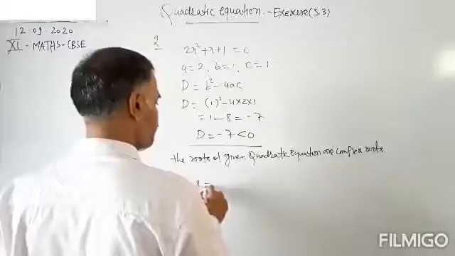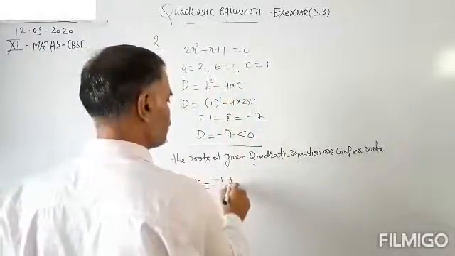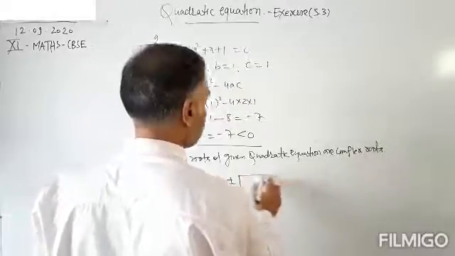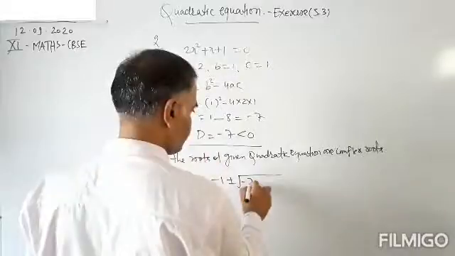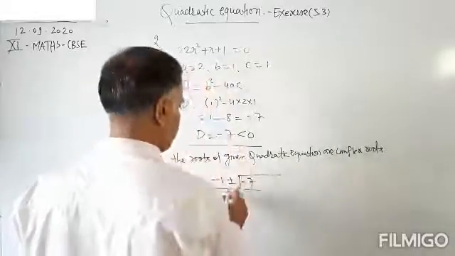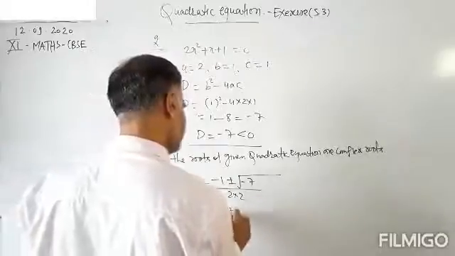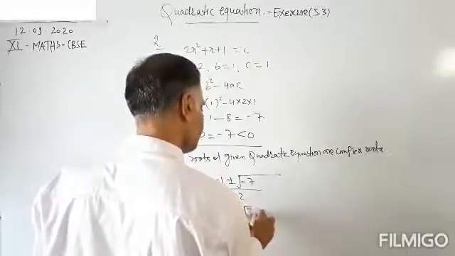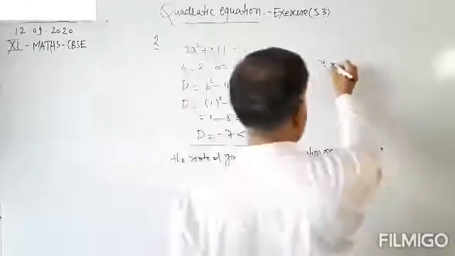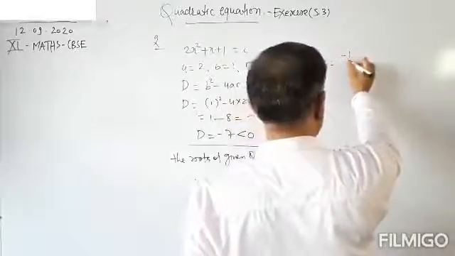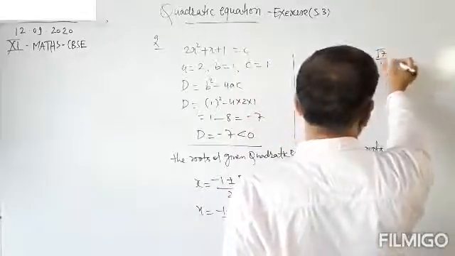So the roots are x equals minus b plus minus under root d upon 2a. Here d is minus 7 and 2a is 2 into 2. So x equals minus 1 plus minus iota under root 7 upon 4, that is, x equals minus 1 upon 4 plus minus iota under root 7 upon 4.